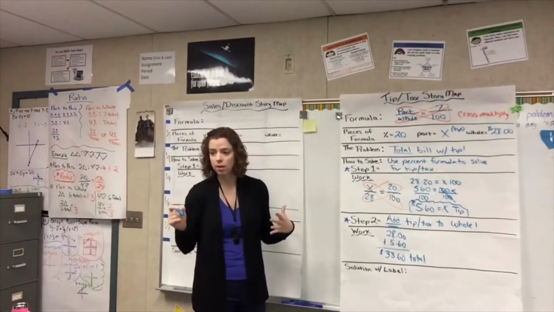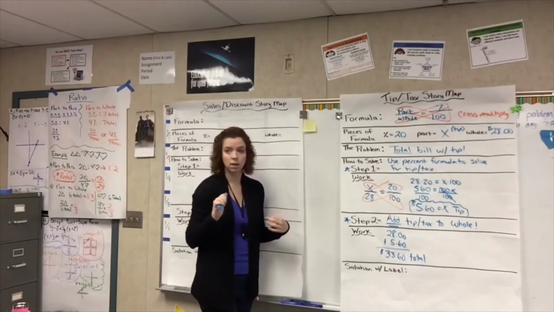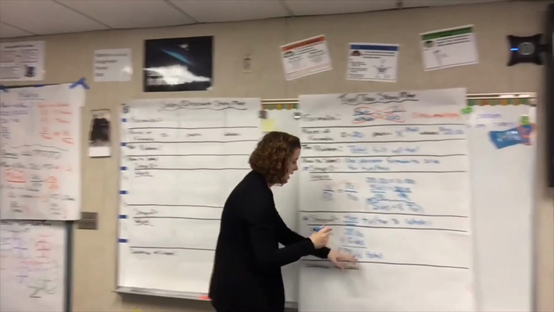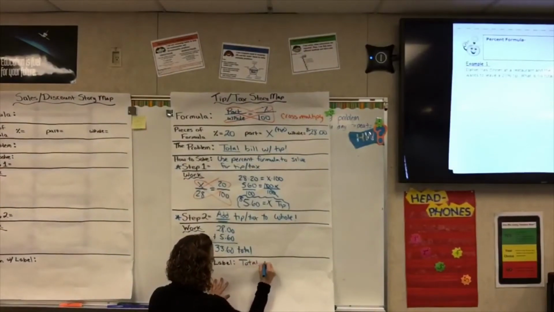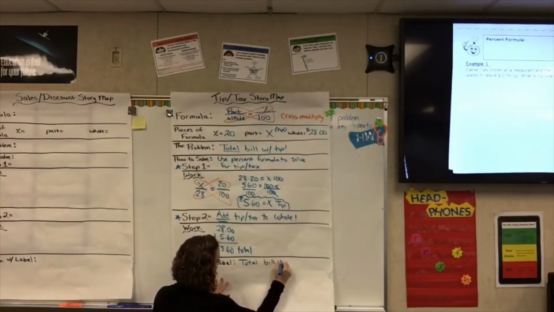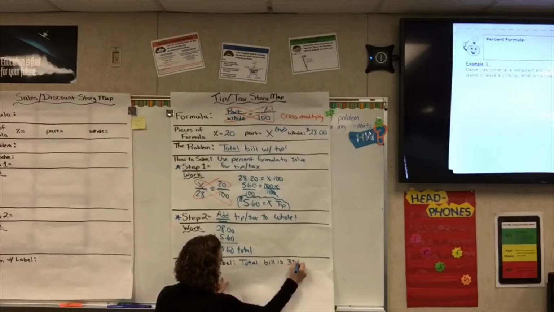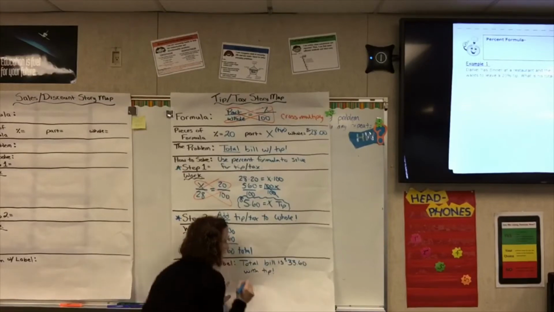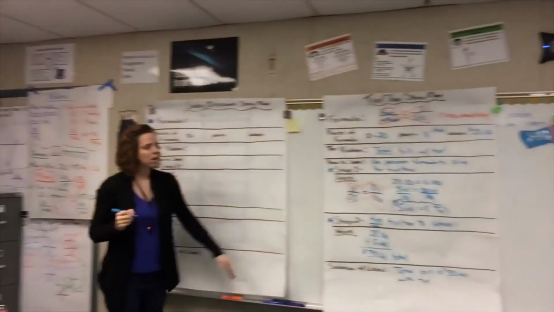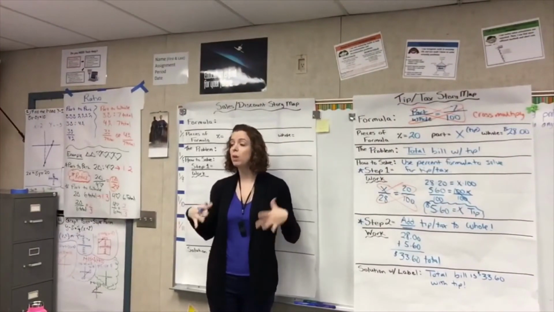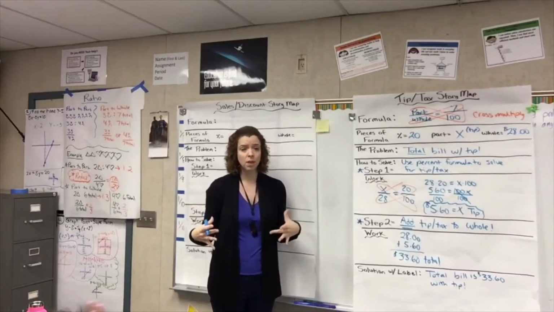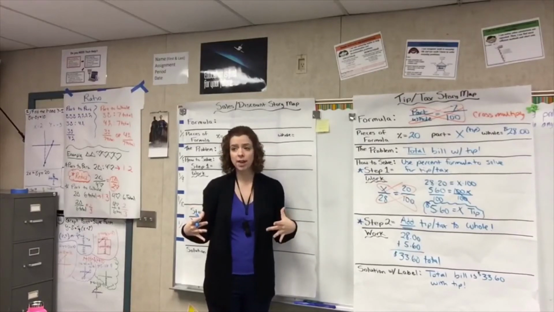Total bill paid altogether. Awesome. Okay, so are you okay if I say total bill? Yes, that's right. Okay, total bill is $33.60. And I'm going to say with tip. Okay, awesome. So this is the process for solving with tip or like sales tax. Does anyone have a question on that process?